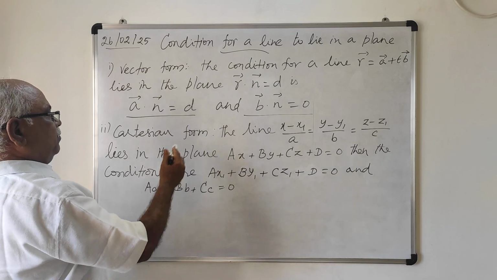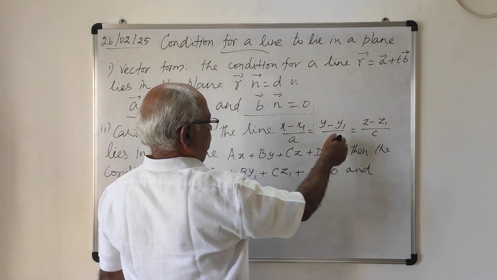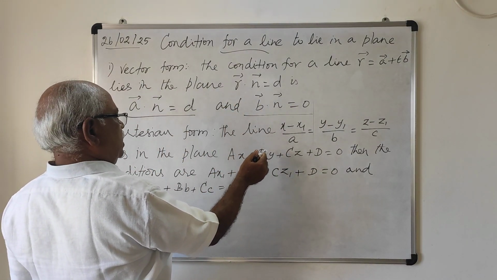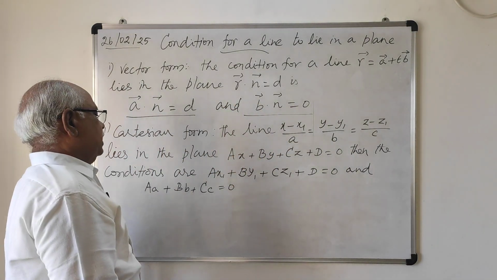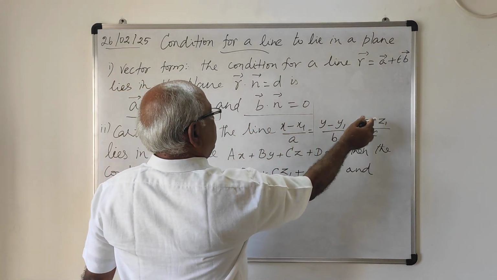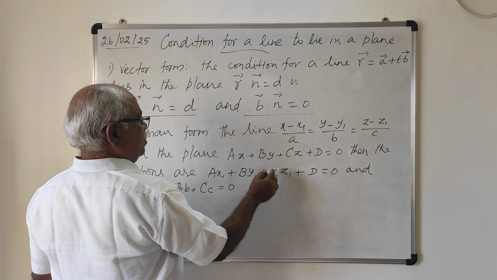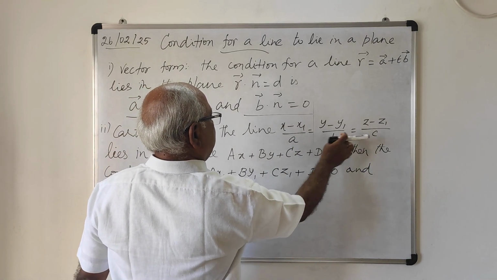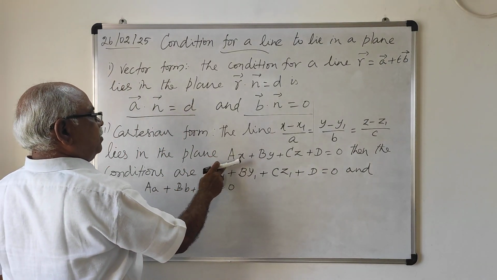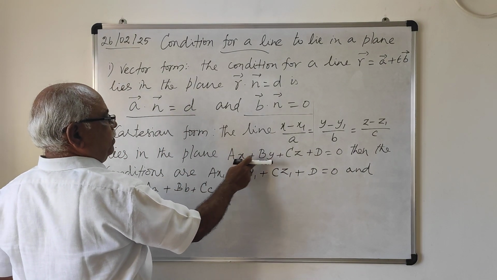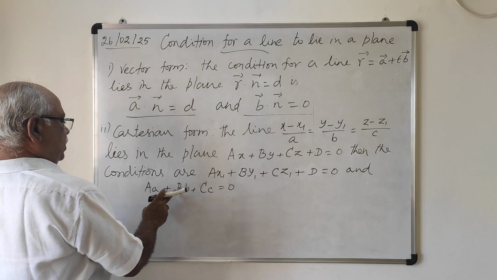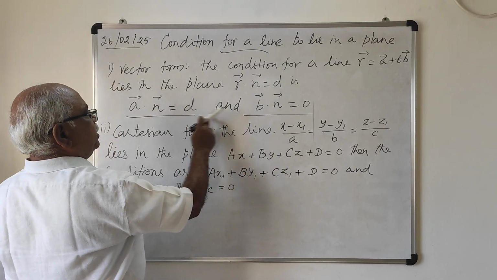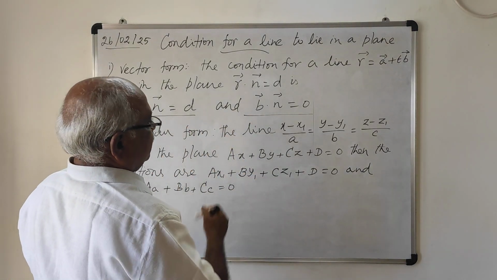Now in the Cartesian form, if the line (x minus x1) by a equal to (y minus y1) by b equal to (z minus z1) by c lies on the plane Ax plus By plus Cz plus d equal to 0, then the conditions are: the point x1, y1, z1 satisfies the plane, Ax1 plus By1 plus Cz1 plus d equal to 0, and the direction ratios a, b, c multiplied with the coefficients A, B, C give Aa plus Bb plus Cc equal to 0. These two conditions are in Cartesian form and the earlier two are in vector form.